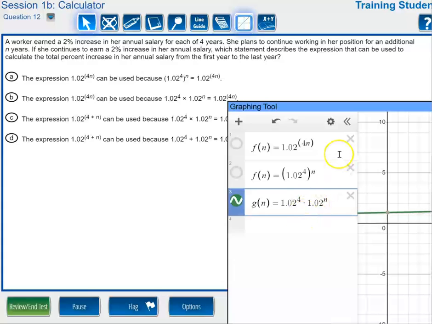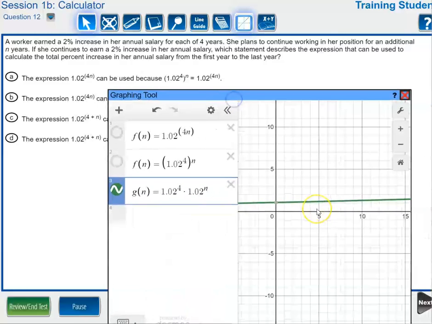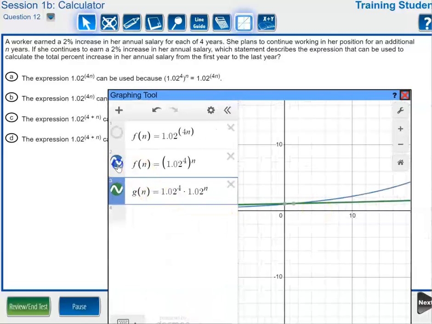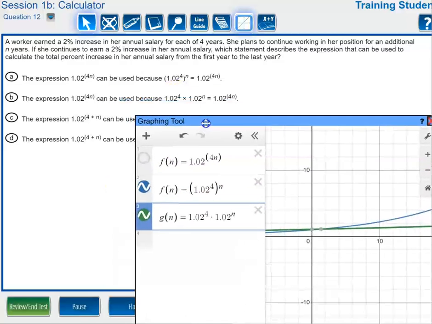Hopefully your kids know you would add your exponents. These are not the same. See the difference? 1.02 to the 4th times 1.02 to the n is not the same. So there's no way B is the correct answer because those two expressions are not the same.